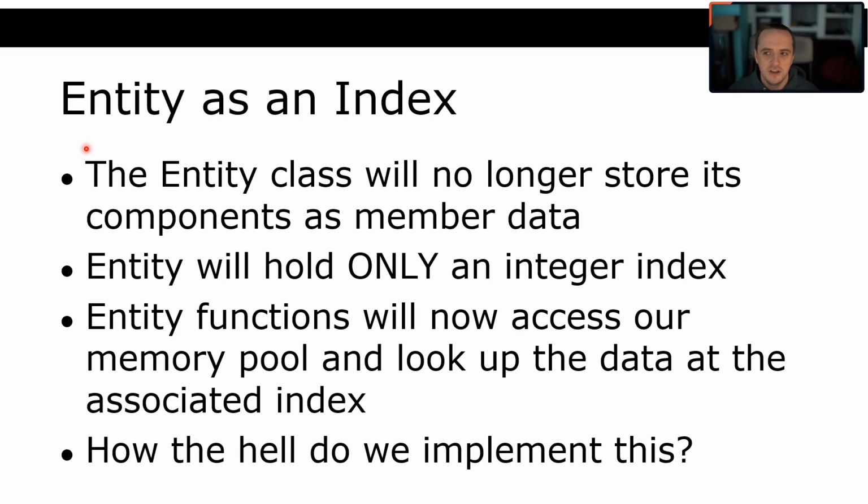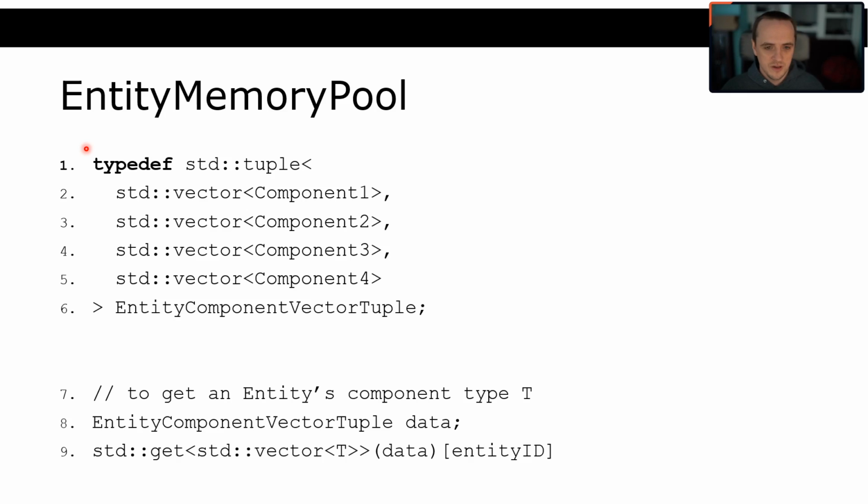But how do we implement that? Okay. So, here's how we implement that. Our memory pool is going to have a tuple of vectors of components. Okay? So, if we have 4 different component types, currently we have an entity that has tuples of components, and then we have a vector of entities.